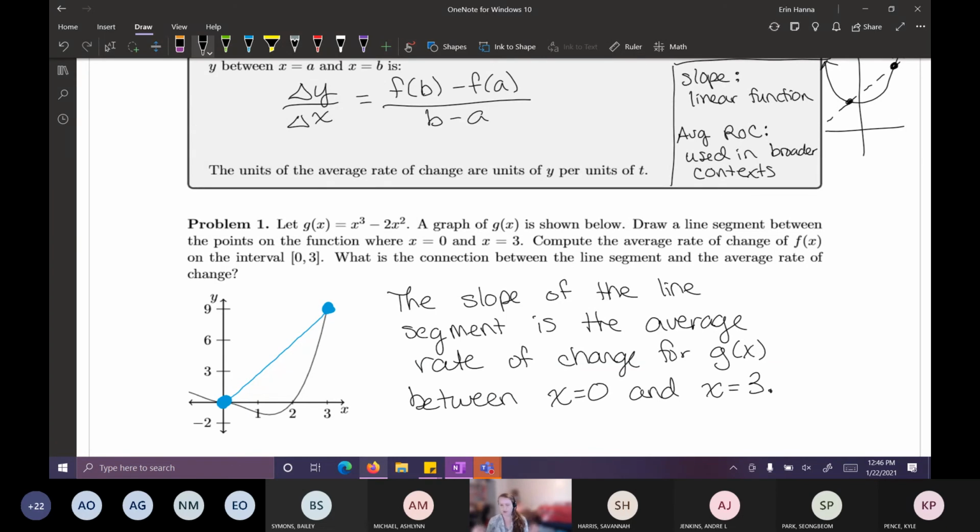So again, a very close relationship between the two things, but different contexts, so different wording. But the slope of that line segment is the average rate of change for that nonlinear function.